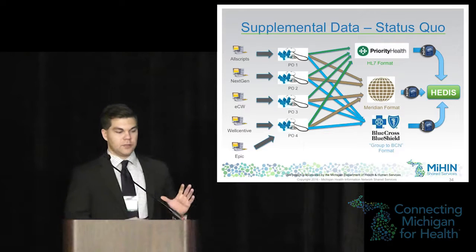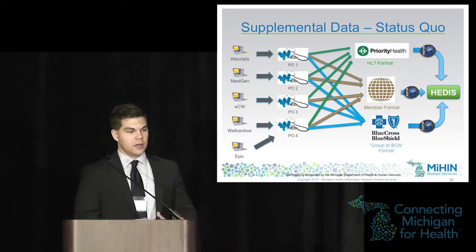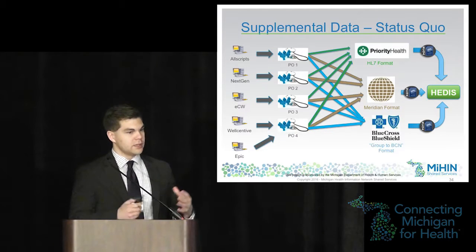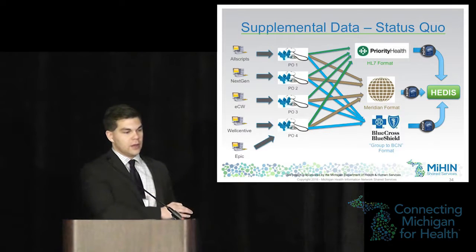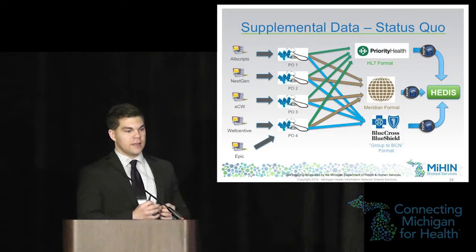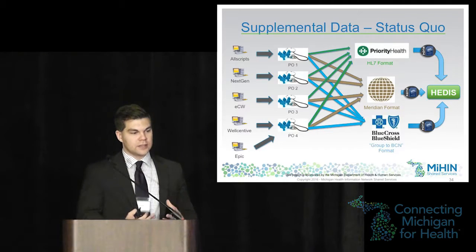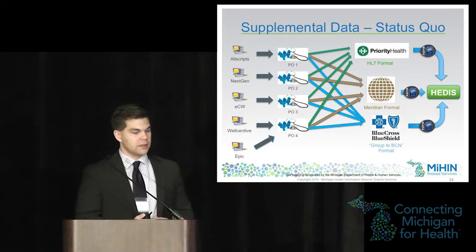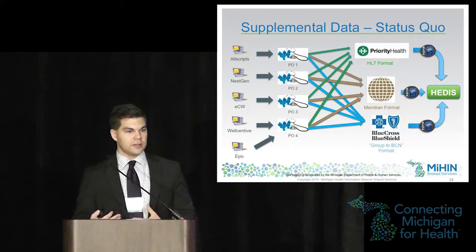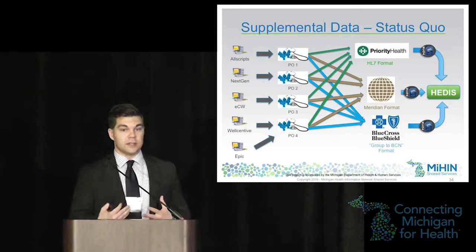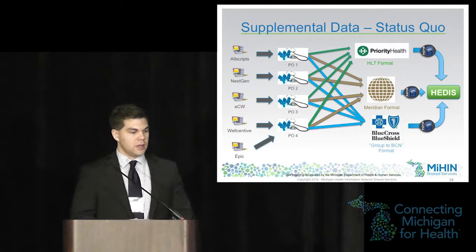You have different POs responsible for different EHR systems and populations of providers. The POs do a great job of extracting that raw data and housing it. But then here's where it gets a little inefficient. Each payer wants supplemental clinical data for their HEDIS calculations because it tends to improve scores.